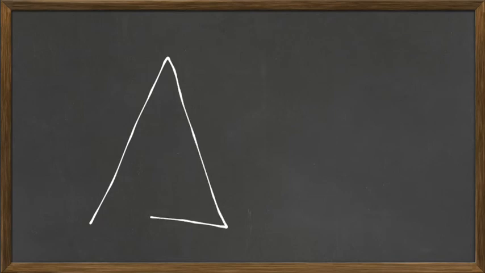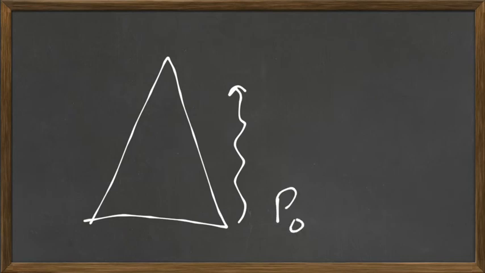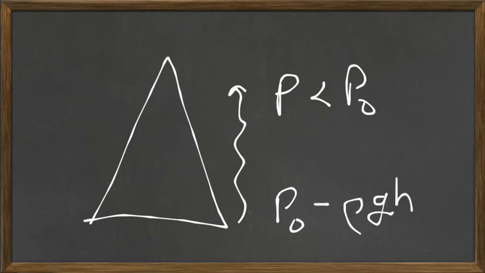However, when I go up a fluid, like climbing on top of a mountain there, I'm going to have a different story. That pressure is going to be lower than atmospheric. So I'll need to take that atmospheric and subtract my rho g h product. And if I think about the signs, it'll come out the way I want it to come out.